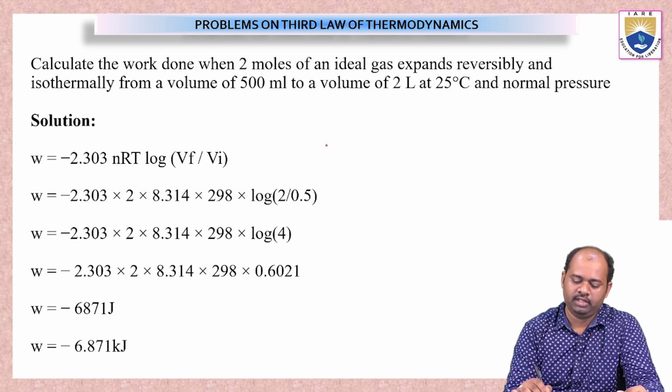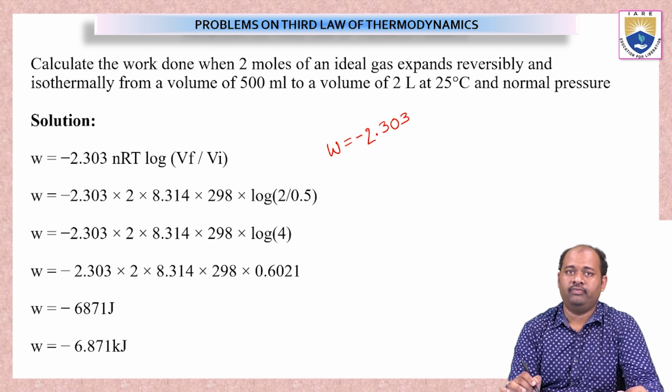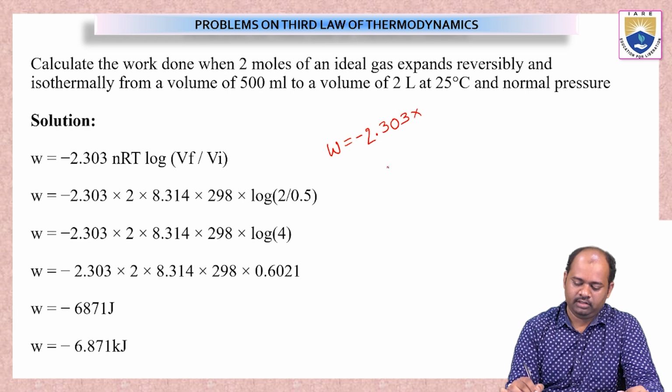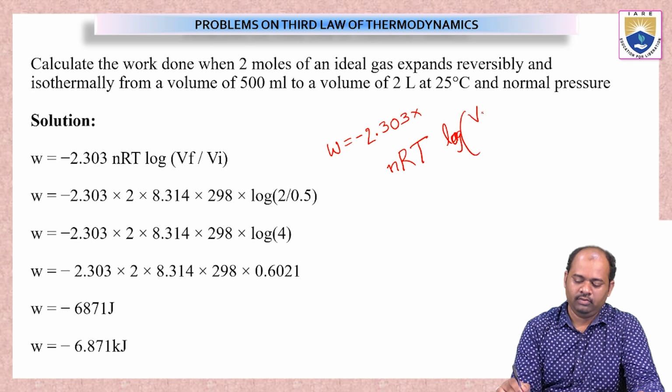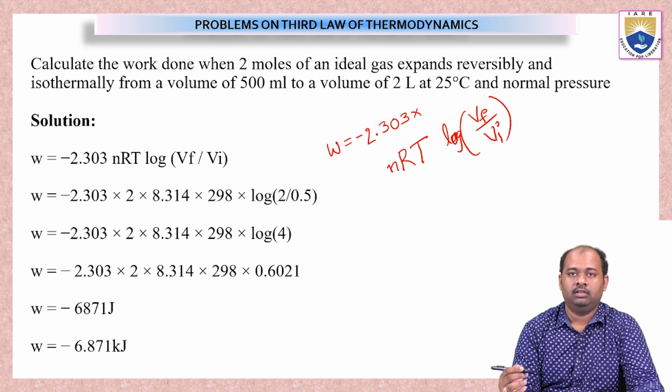So here the formula is W, that is work done, is equal to minus 2.303, a constant value taken for an isothermal process, multiplied by n, the number of moles of gas present in the system, capital R, the universal gas constant, and capital T, the temperature, multiplied by log of final volume divided by initial volume of the gas.